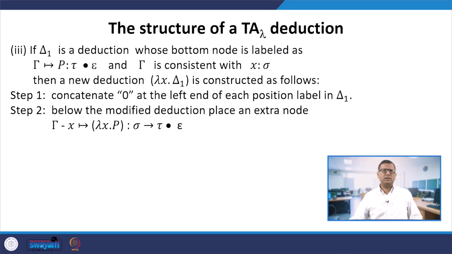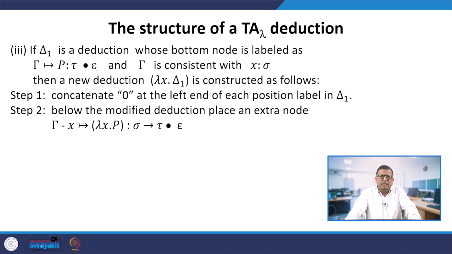So, now we have to consider the case for abstraction. Now, if delta 1 is a deduction whose bottom node is labeled as gamma, the formula p in the context gamma has type tau and the position label is epsilon, and gamma is consistent with x has type sigma, then a new deduction lambda x dot delta 1 is constructed as follows.